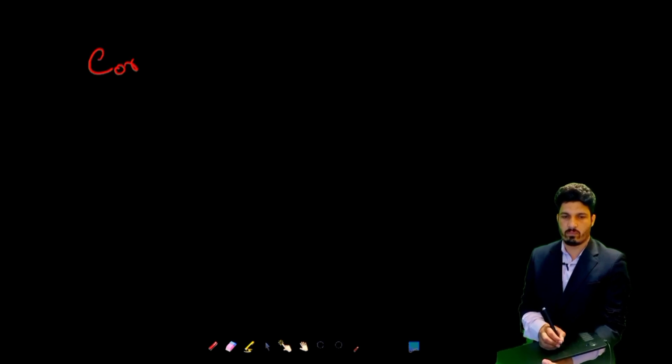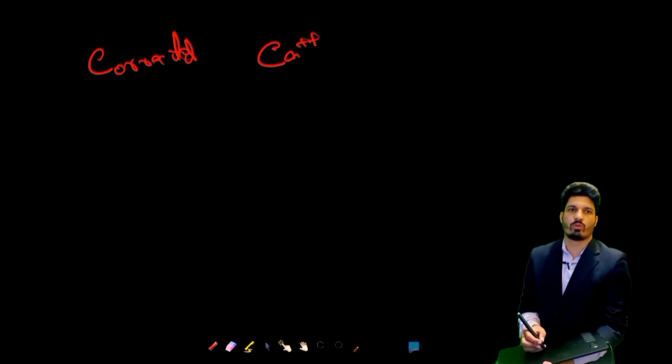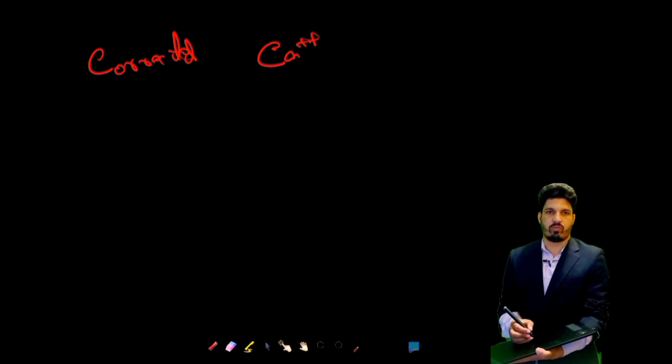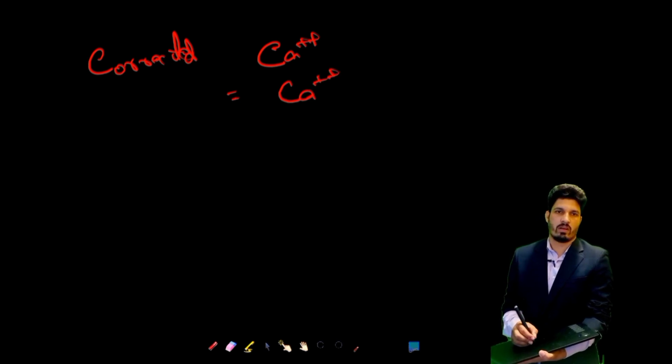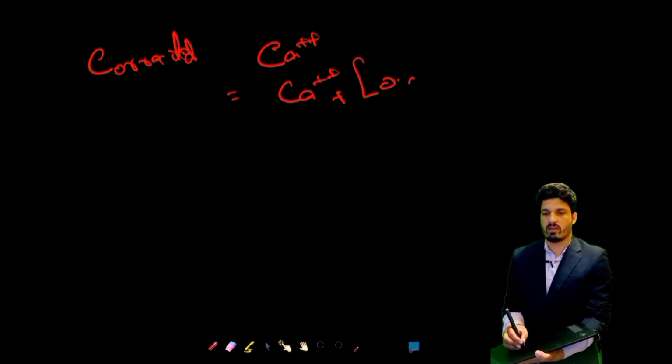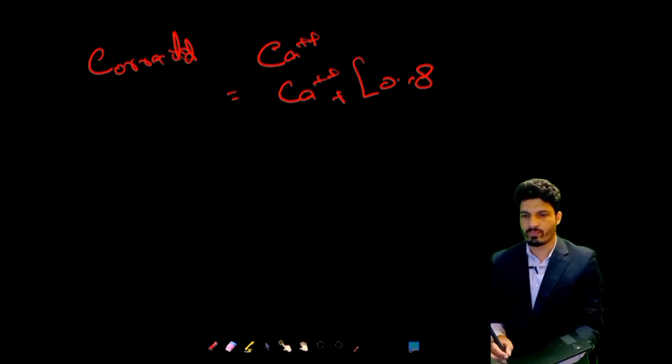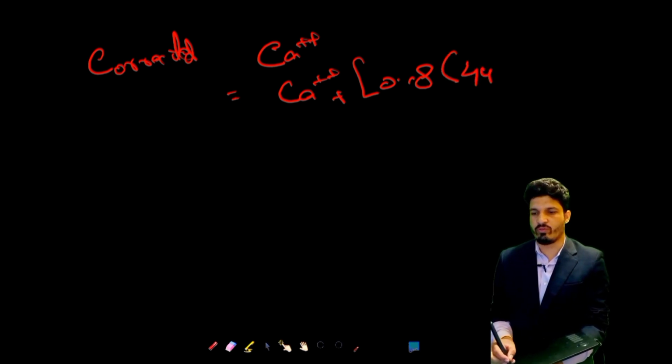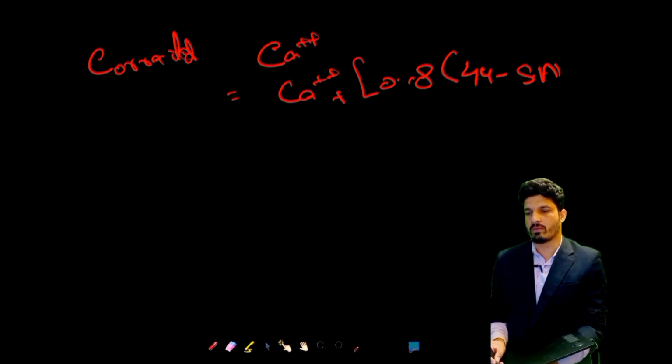Then there is a concept of corrected calcium. We must know its formula: corrected calcium is equal to calcium plus 0.8 into 44 minus serum albumin.